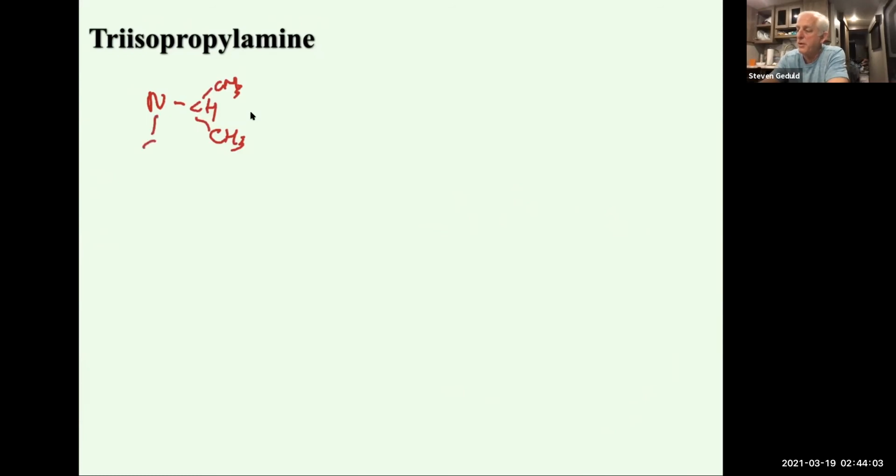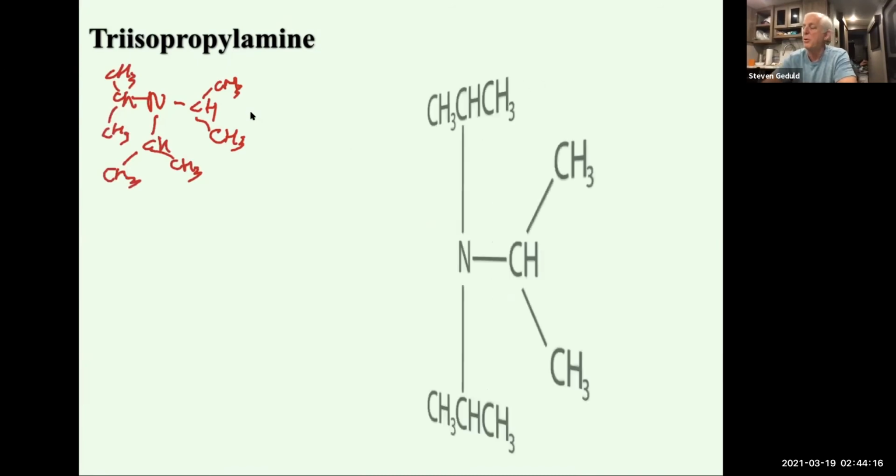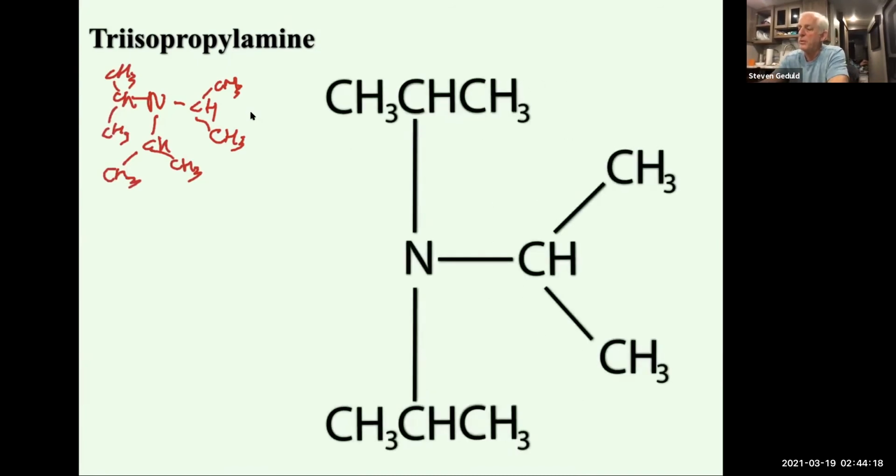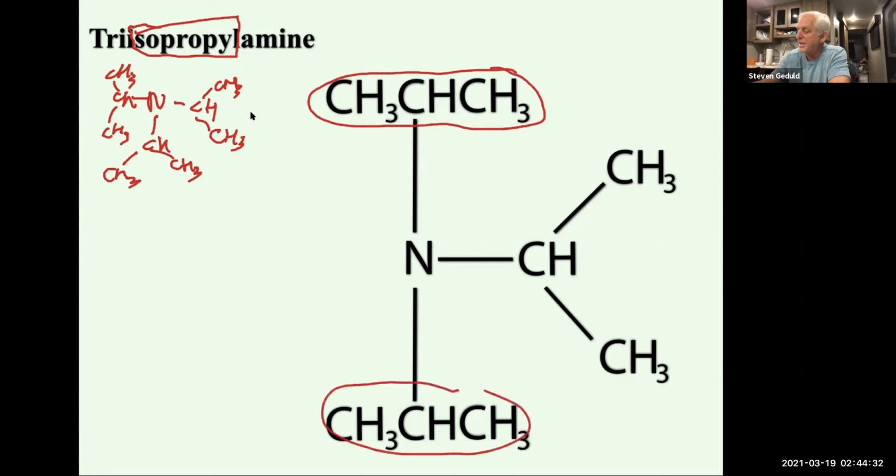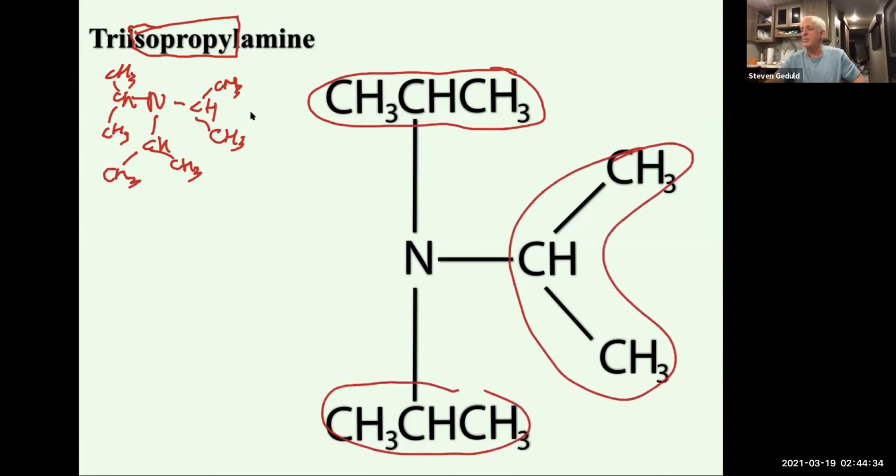So C, and the same thing here, CH, and then 2 CH3s. Okay, that's tri-isopropylamine. So isopropyl, if you remember, is a propane substituent attached at the middle carbon of each one. So 3 of the exact same thing, 3 propane groups attached at the middle carbon. So tri-isopropyl, 3 isopropyl groups, amine. It's a tertiary amine.